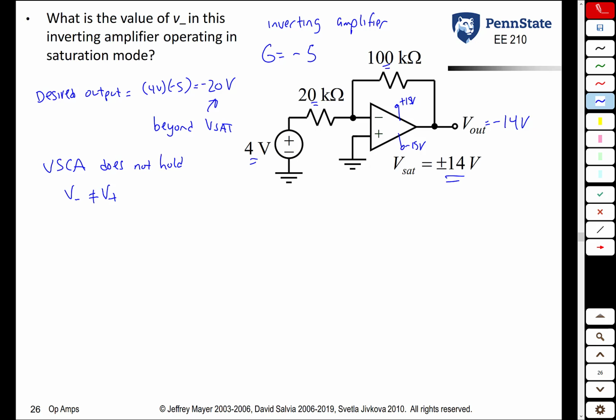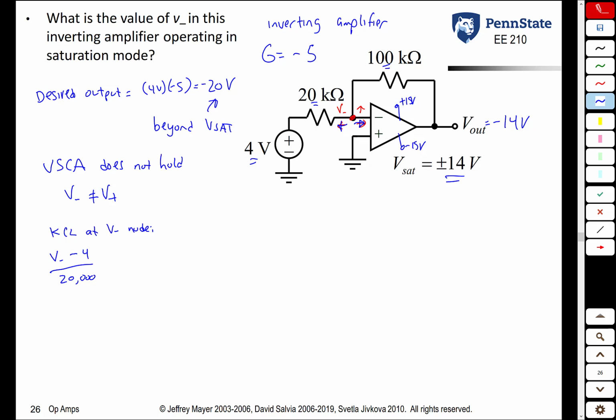How do we solve for V minus? We do KCL at the inverting terminal, with the unknown being the voltage here, V minus. So if we do KCL at the V minus node, what do we get? The current to the left is V minus minus 4 volts over 20 kilo ohms.